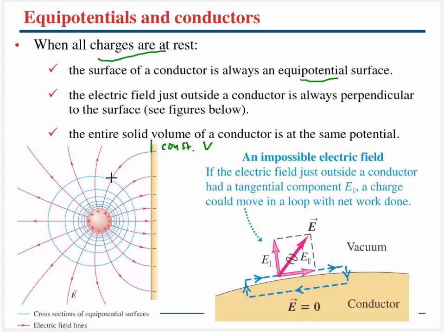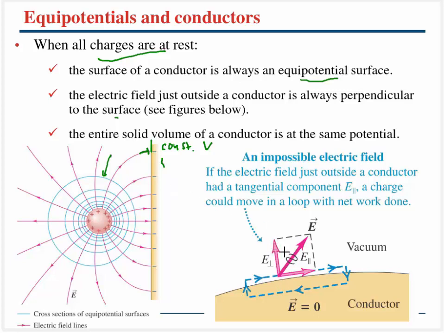If you look at this drawing where we have our equipotential surfaces, you can see that the electric field is always coming into this conductor at a right angle to it. The electric field is always going to be perpendicular to a surface when all charges are at rest. What this also means is the entire solid volume of the conductor is going to be at the same potential, which is what we found earlier.